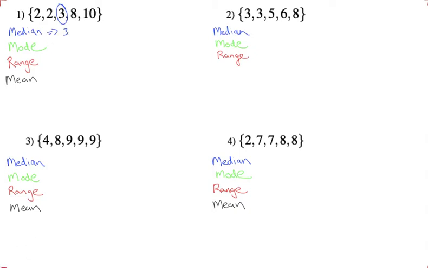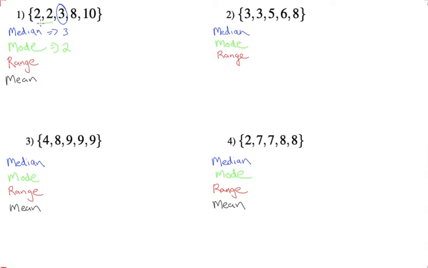The next one is the mode. Now, the mode is the number that occurs the most frequently. So 3 only occurs once, 8 is only there once, and 10 is only there once. But there are 2 2's. That means that 2 is our mode. And now we move on to the range.